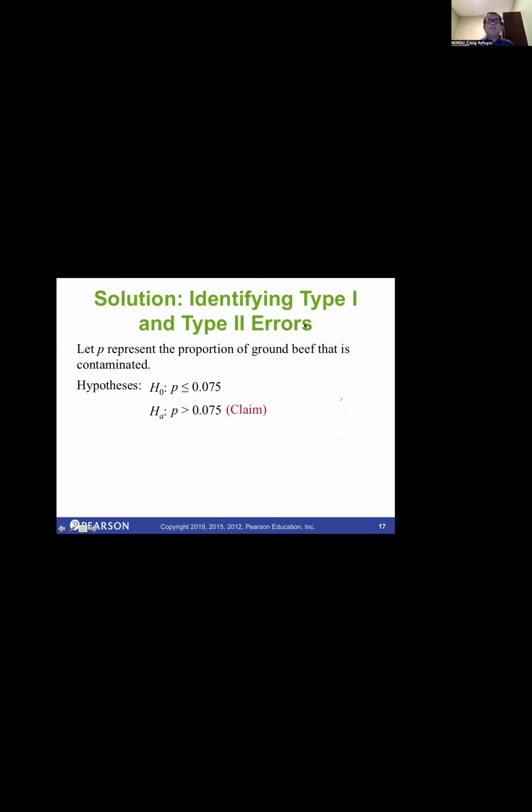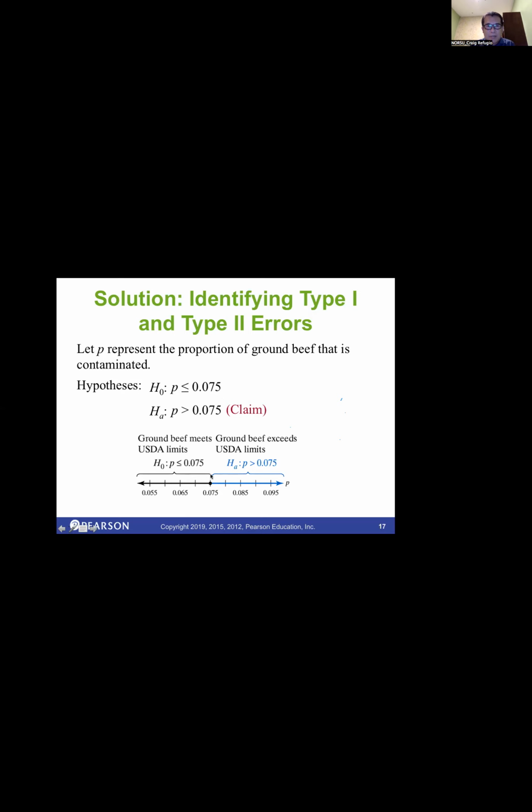And we know already that the claim is the alternative hypothesis. So in terms of visual representation, we have now the graphical method, HA: P greater than 0.075. So we have now 0.075, the blue line is referring to HA, that's P greater than 0.075.